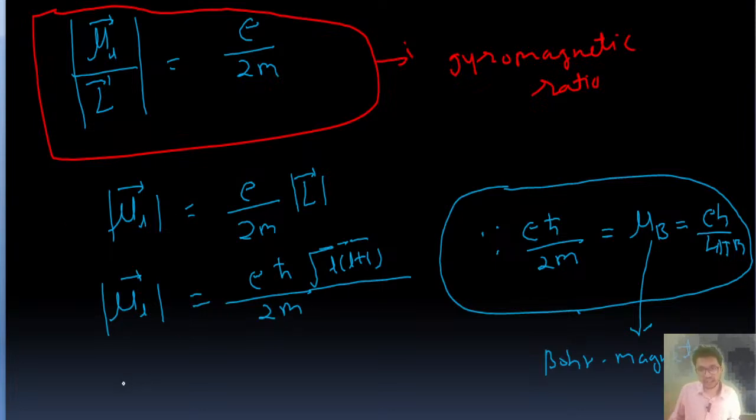Now we can write this mu L value, the mod of mu L, is going to be mu B into root L into L plus 1.